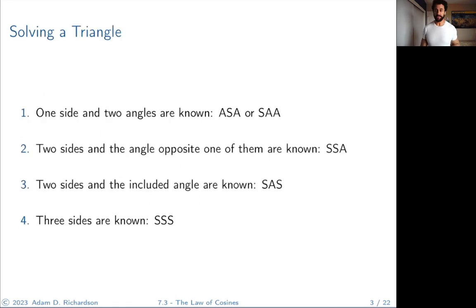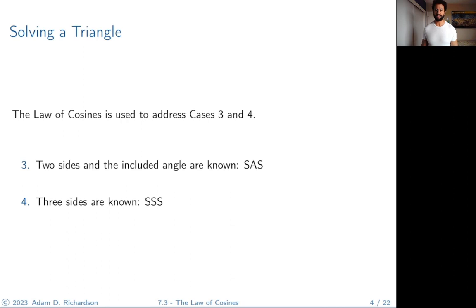All right, so if you remember, we were figuring out how to solve triangles in the last couple sections. The law of sines took care of these two cases. The law of cosines is going to take care of the last two cases, cases 3 and 4. So in these cases, you know at least two sides, and maybe the included angle.